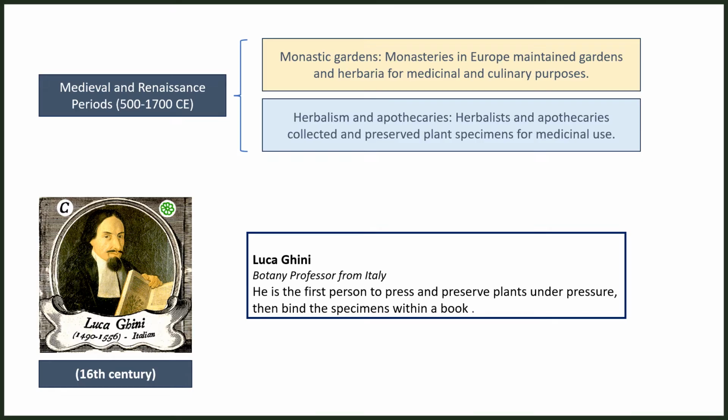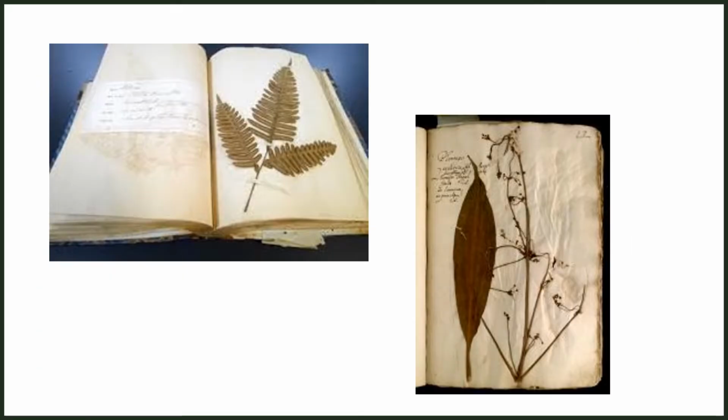He dried the plants, kept them under pressure, and then bound these specimens within a book. So this is how he started preserving the plant parts. For a long time this went on. This was the first person, and this is how he preserved the plants.